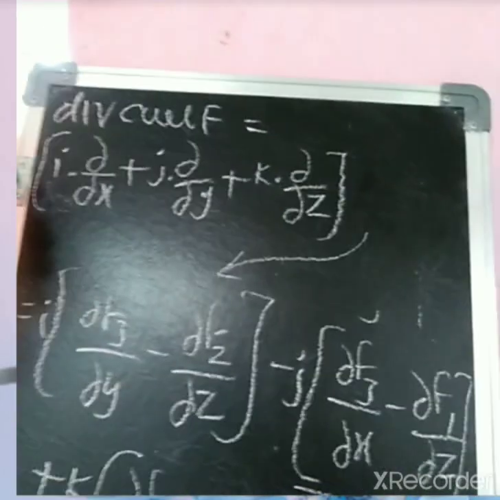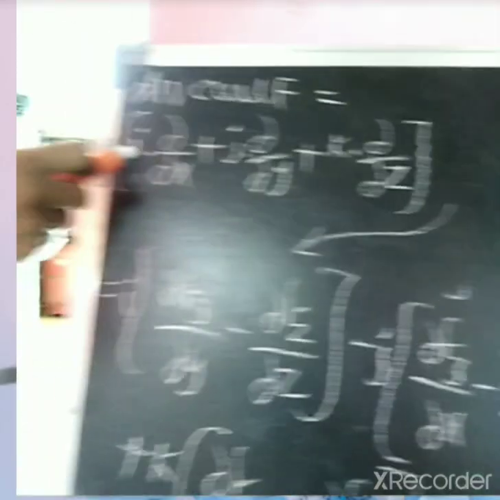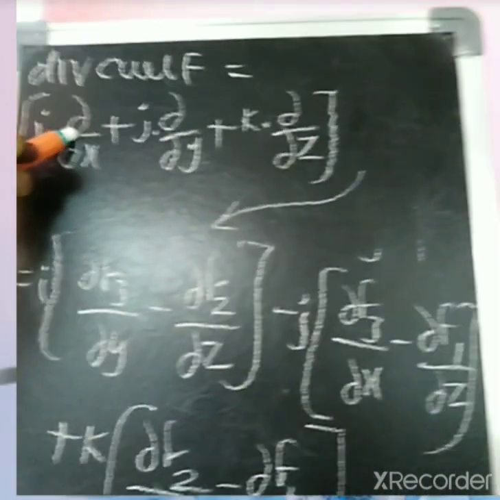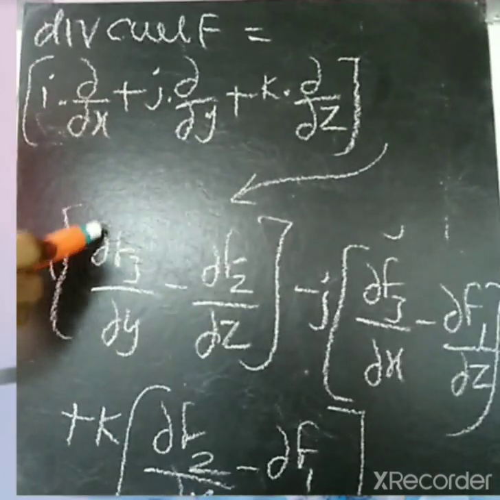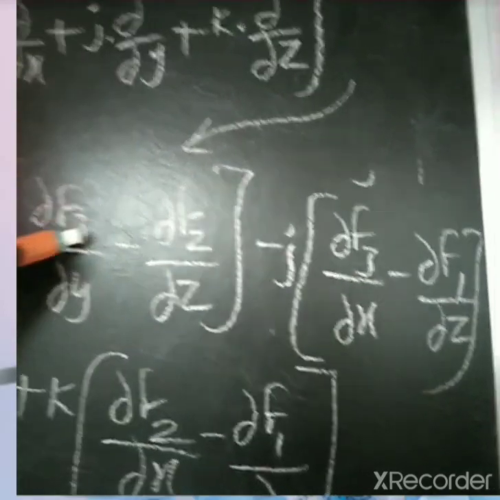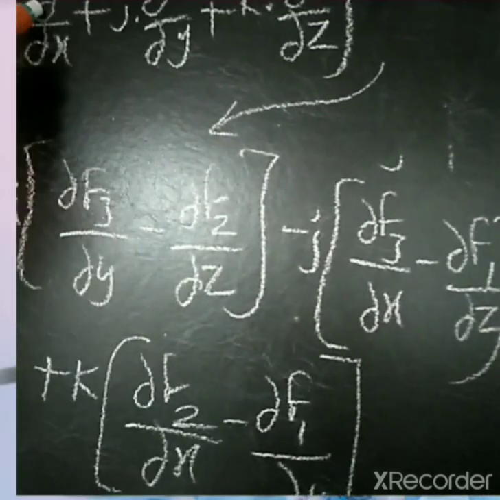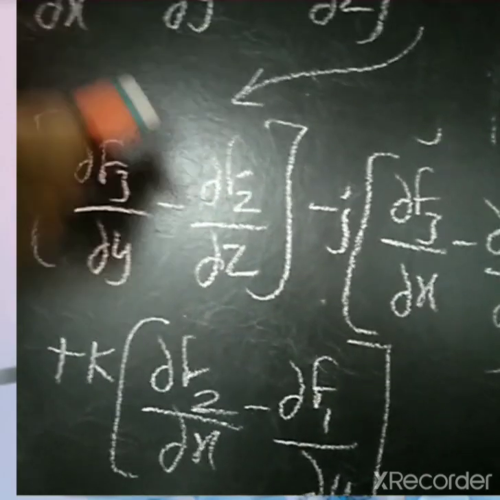Next, the dot product. Dot product means here i dot i is 1. So multiplying, dou by dou x into dou f3 by dou y gives dou square f3 by dou x dou y minus dou square f2 by dou x dou z.